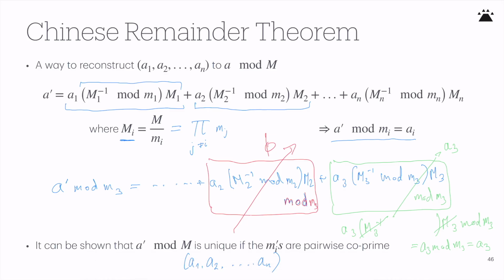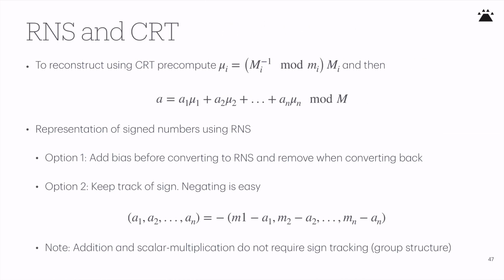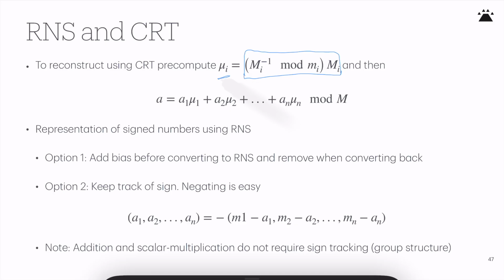Using CRT, we've shown already that we need these factors. Since we know all the m's a priori, we can pre-compute these. We call it mu I. And then CRT is simply the sum of these products. And finally, we need to take modulo big M, because we will typically not be in the canonical form of modulo M.